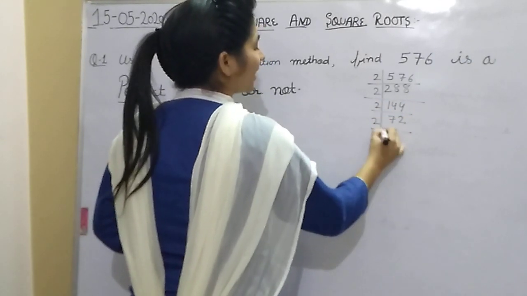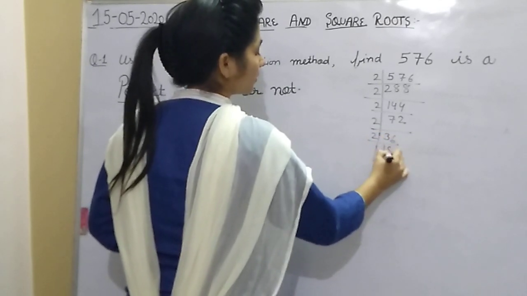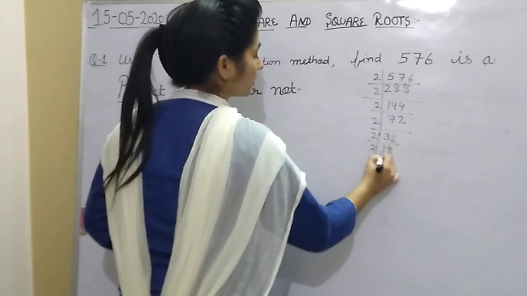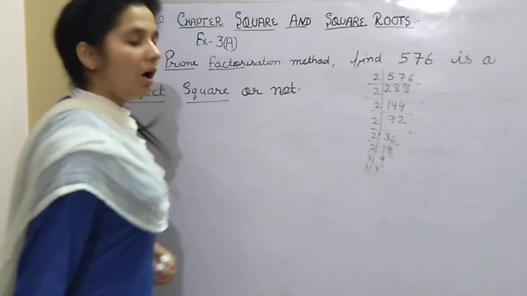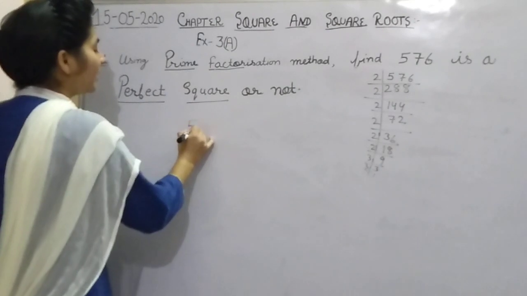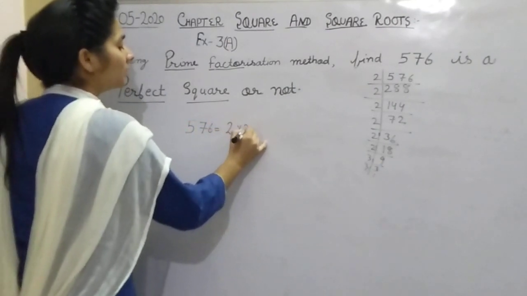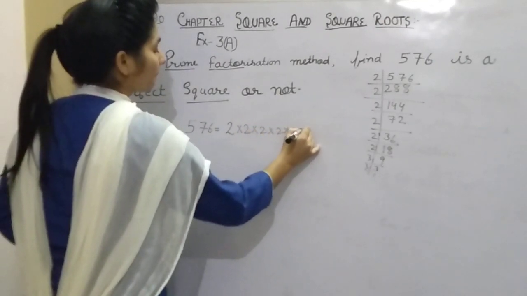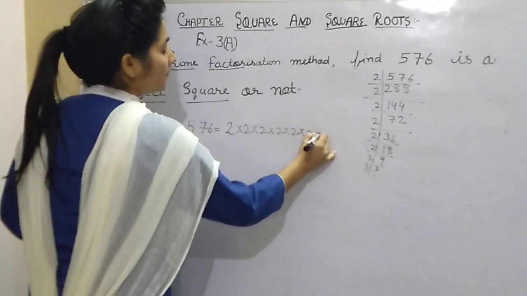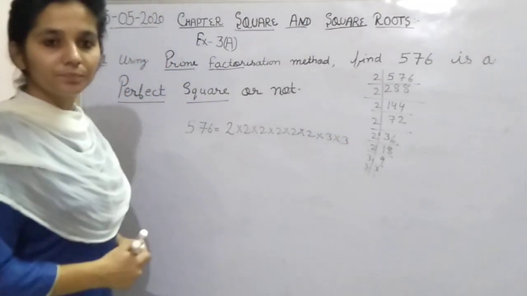The prime factorization of 576 is 2 multiply 2 multiply 2 multiply 2 multiply 2 multiply 2 multiply 3 multiply 3.